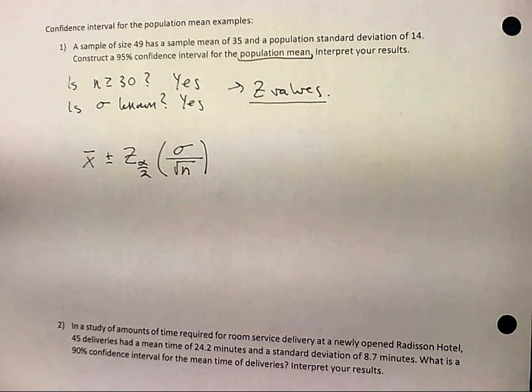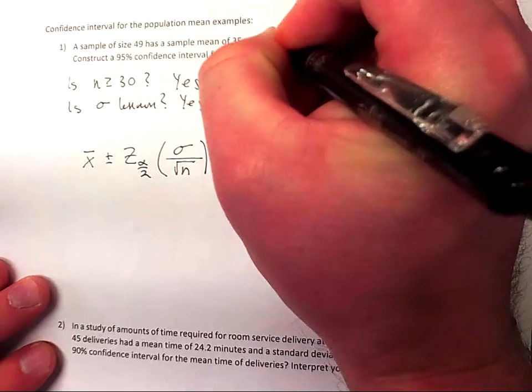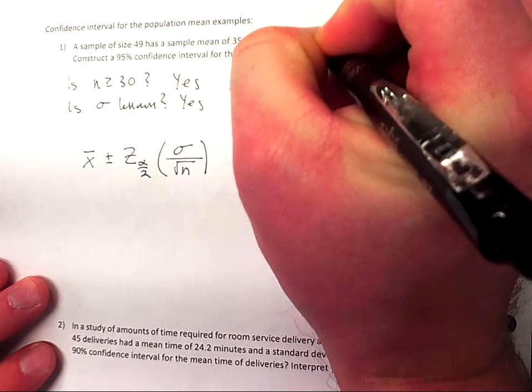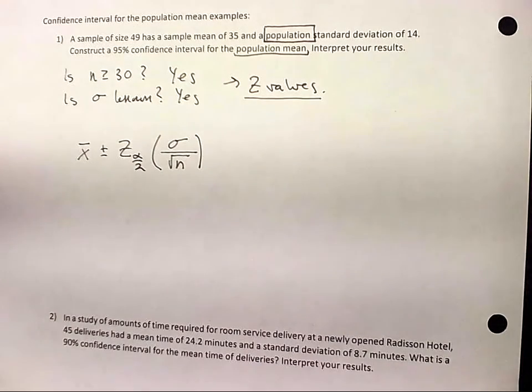Yes. All right. Now, the one question that I always get is, how do I know that I know the population standard deviation? It might be a little bit obvious in this question right here, but as we start going into other word problems, it might be a little bit less obvious to you. Here's the one thing that you can rely on. It needs to say that the standard deviation is coming from a population. It needs to be explicit about it, right?